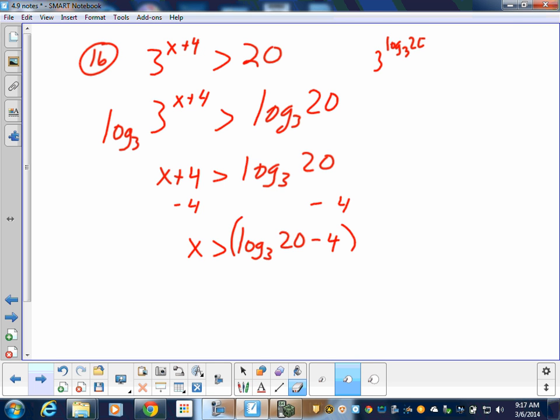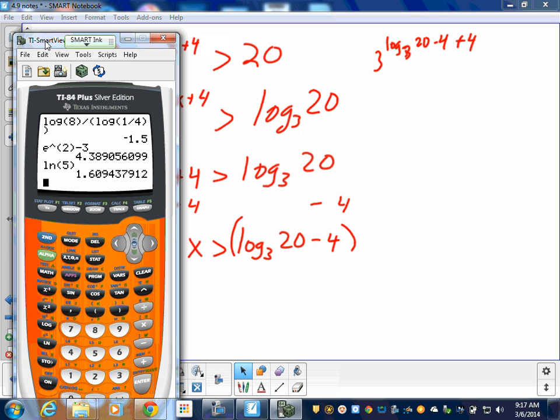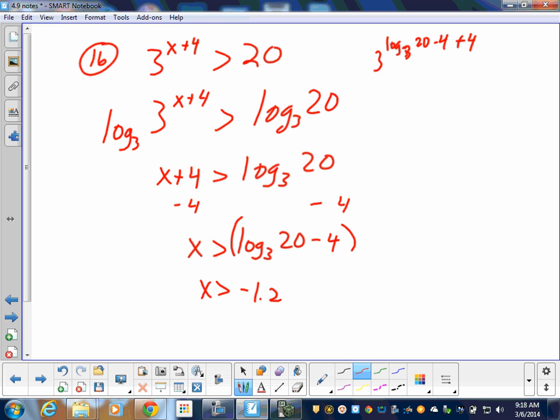If that was plugged in for x, it works. Now, we have to have an answer for what this is. So it's the log of 20, close your parentheses, divided by the log of 3, close your parentheses, hit enter, subtract 4, and I get my answer, negative 1.27. So x is greater than negative 1.27.